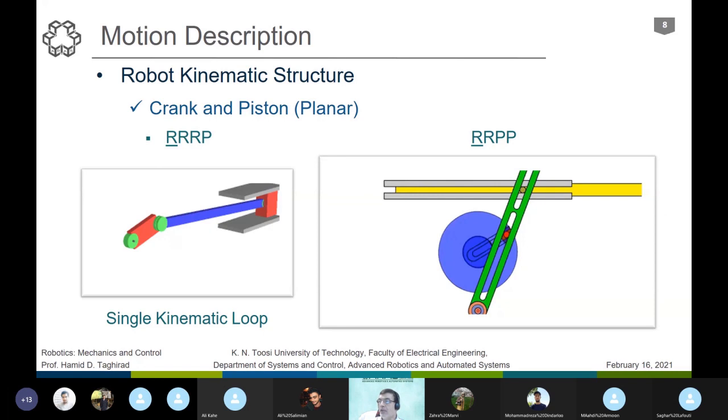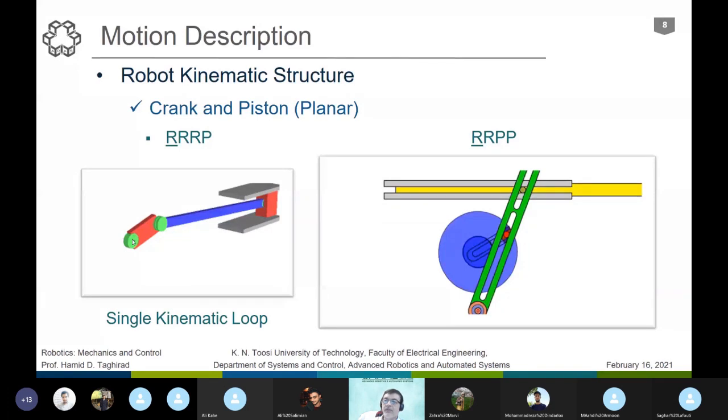Here, I provide two very commonly seen mechanisms with some movies. The first one, as you see here, let me first describe it and then play it to see how it works. This is a crank and piston, a very simple crank and piston mechanism which is used in many automobiles and many other mechanisms. The usual version is that we have, let's say, a crankshaft, one single link here.